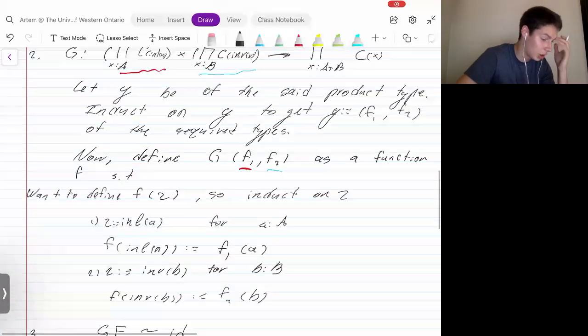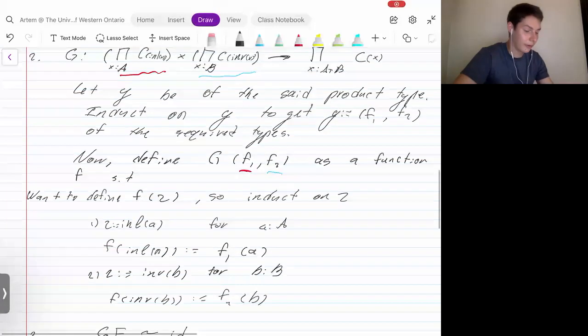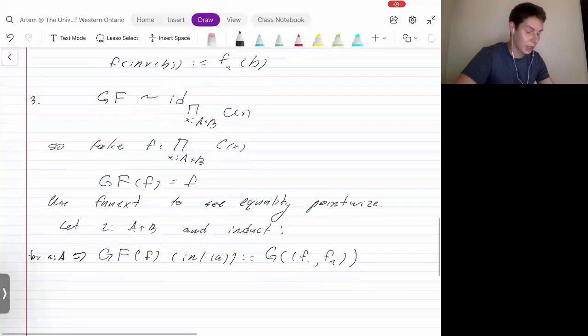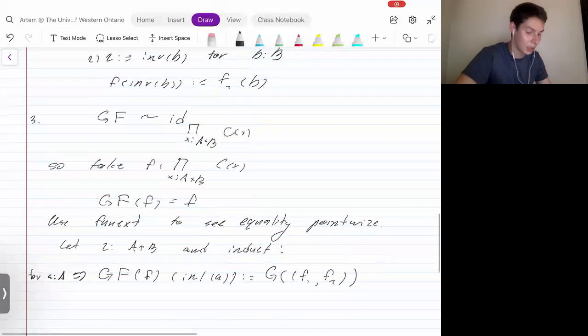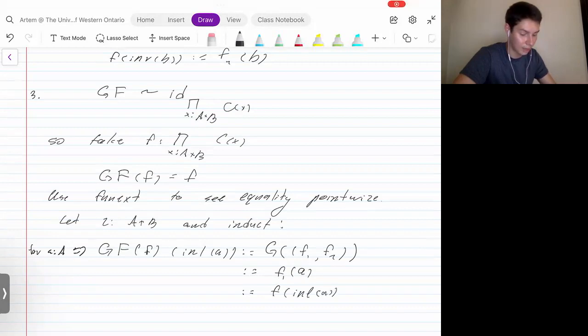And what does G do? G also defines them pointwise, right? So it's going to be actually F1 at A is going to be the same as F as in left A.